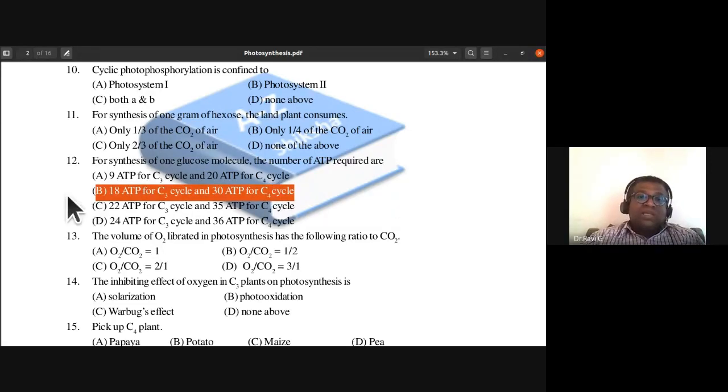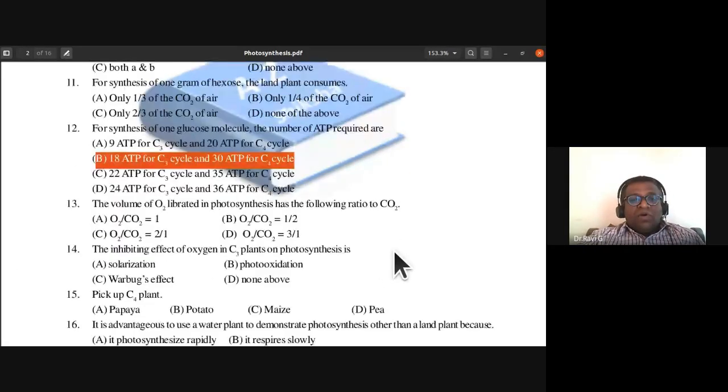That is the difference between the number of ATPs required for the C3 cycle and the C4 cycle. So for the 12th one, B is the answer.